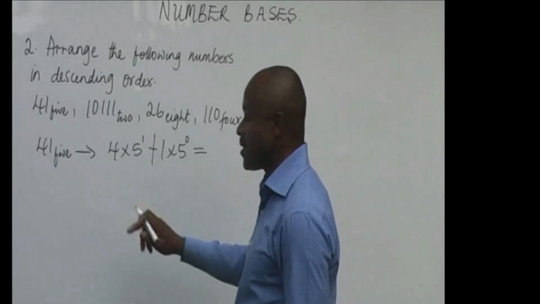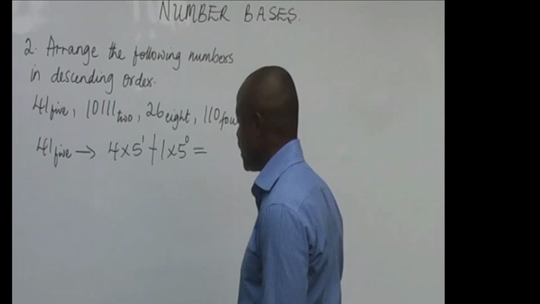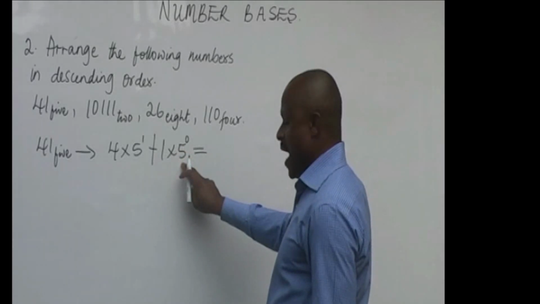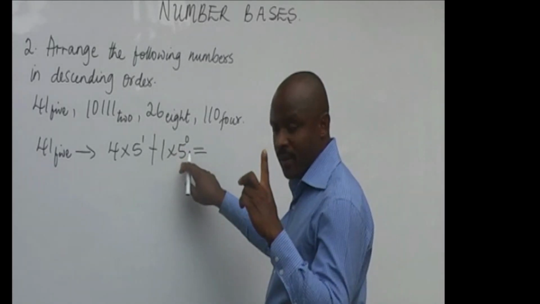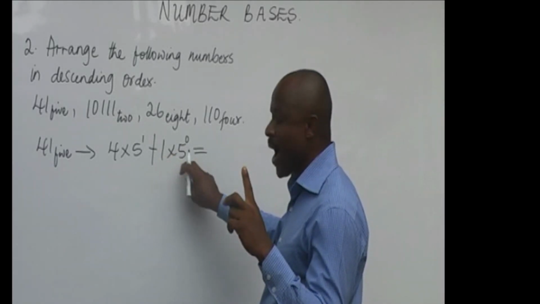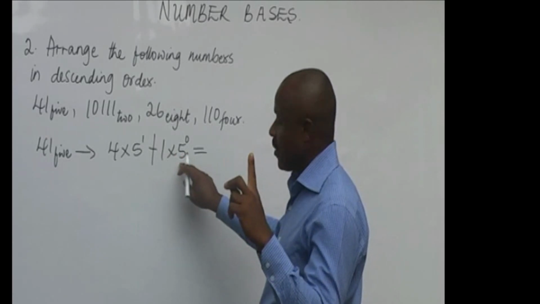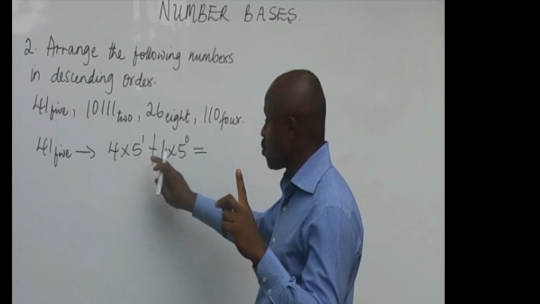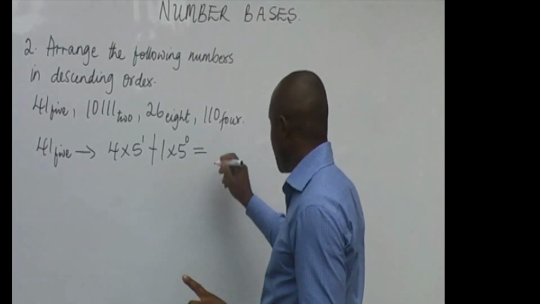Then 5 times 4 is 20. Anything exponent 0 is 1. That means 1 times 1 will give you 1. We have 20 here. 20 plus 1 will give you 21.